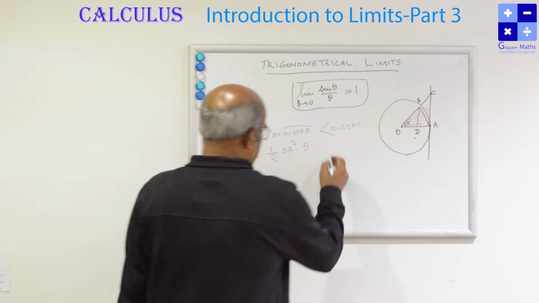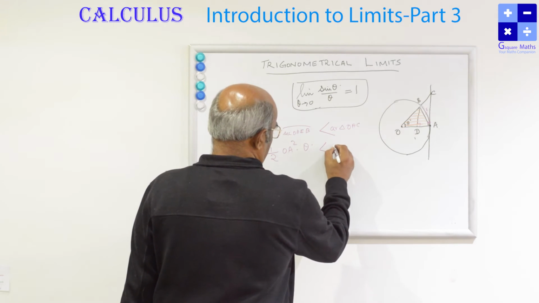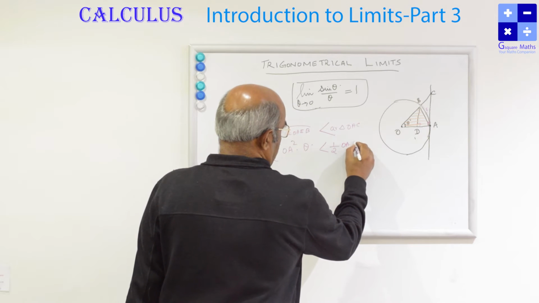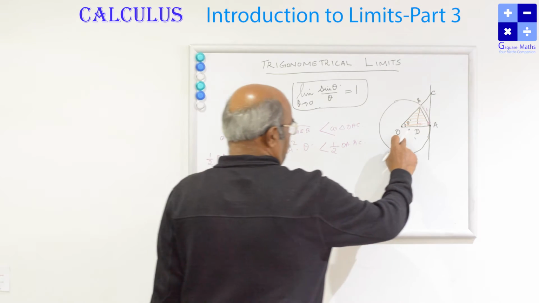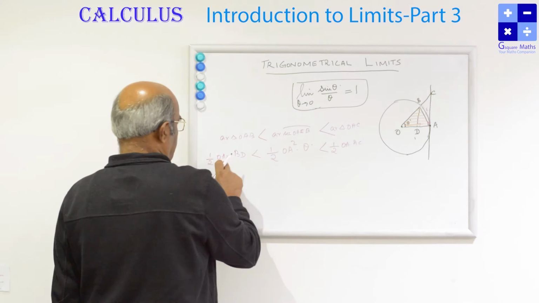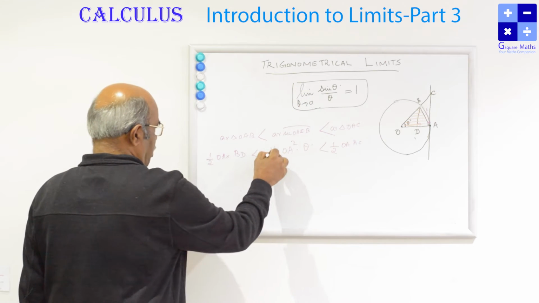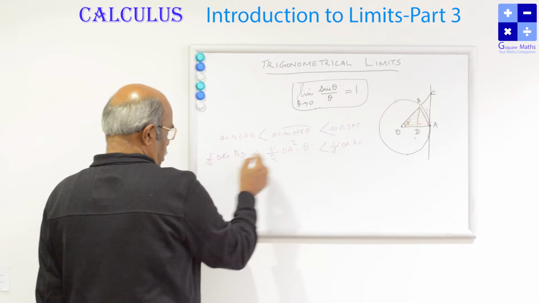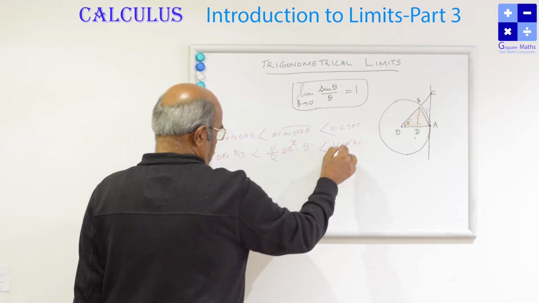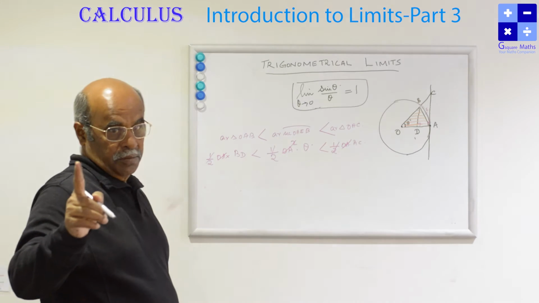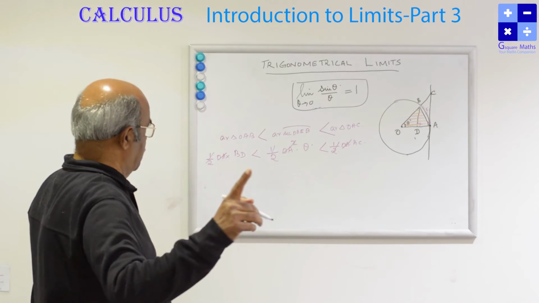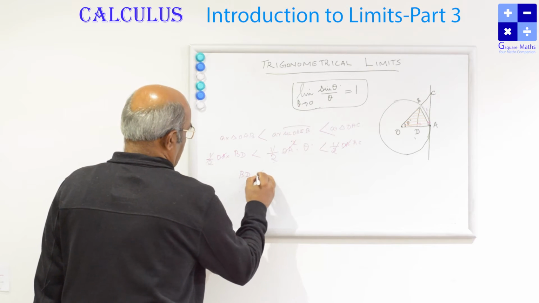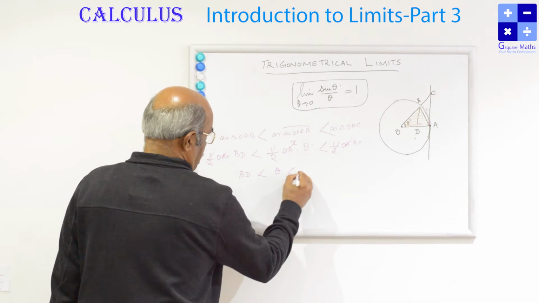And this is less than half into OA into AC, that is half into base into height. The half will get cancelled throughout. OA is 1 and OA square is 1, because it is a unit circle with radius 1. So we get BD less than theta less than AC.